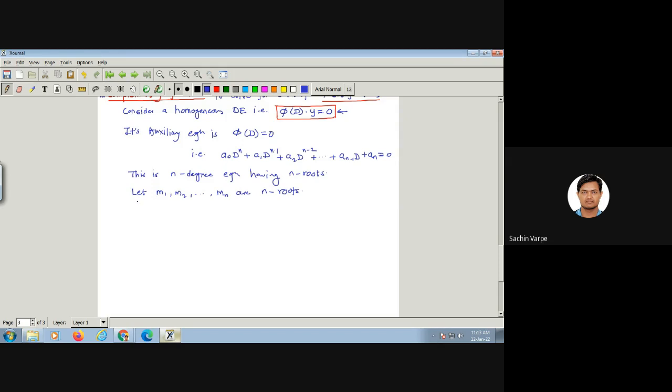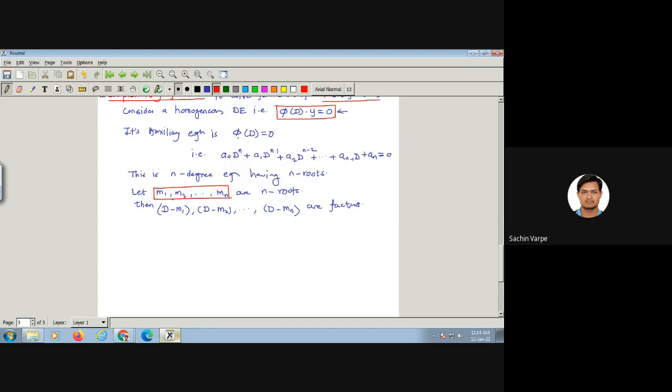Can I say these are the factors: D minus m1, D minus m2, and so on, D minus mn are factors? Can I write like this? Yes, sir. Is it correct? These are the factors, because if we equate these factors to 0, then only we get these roots, m1, m2, mn.